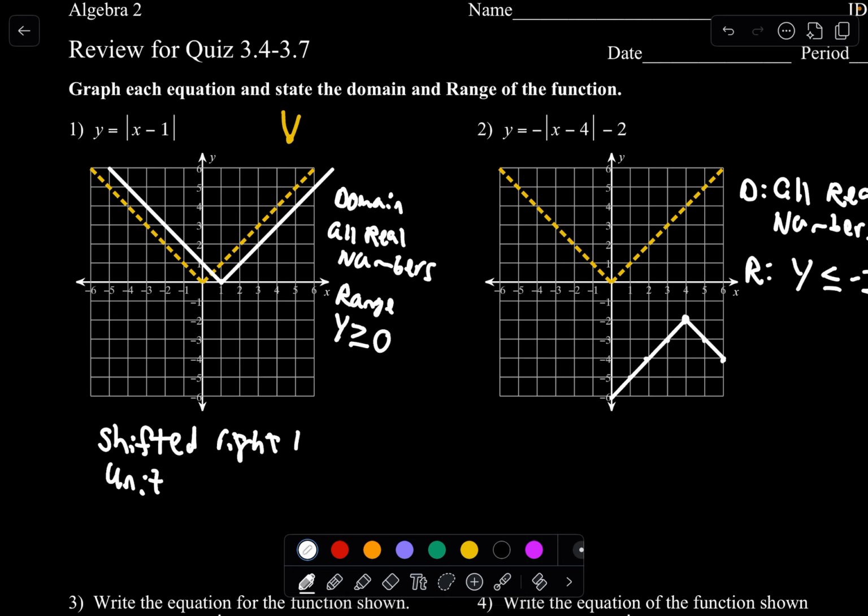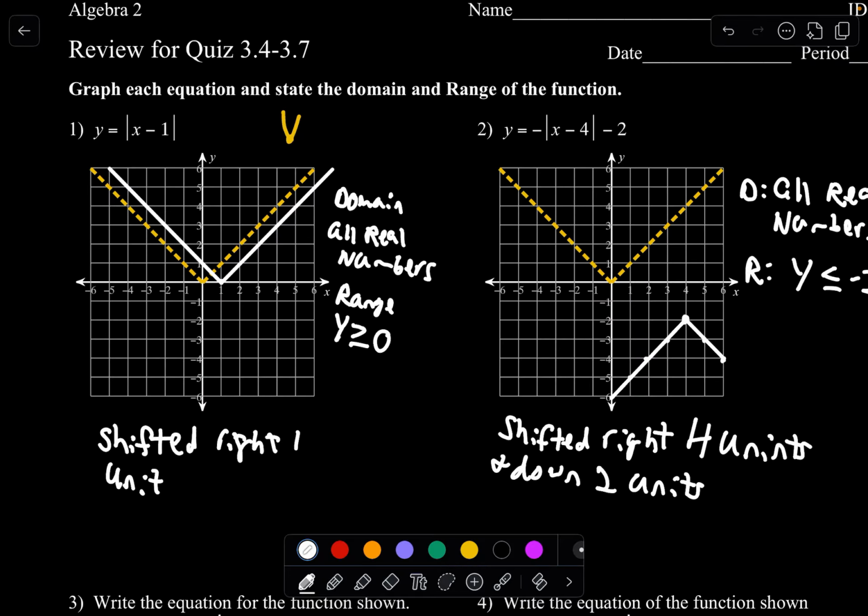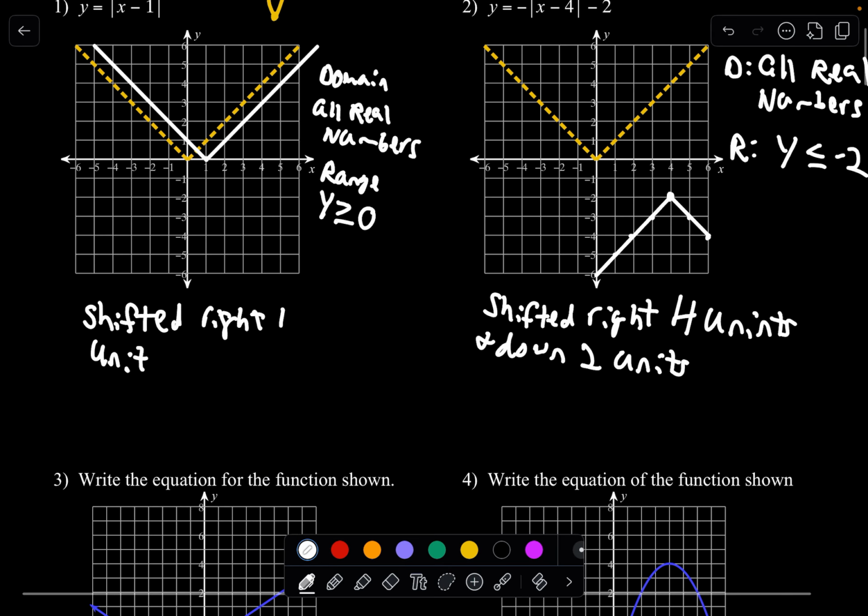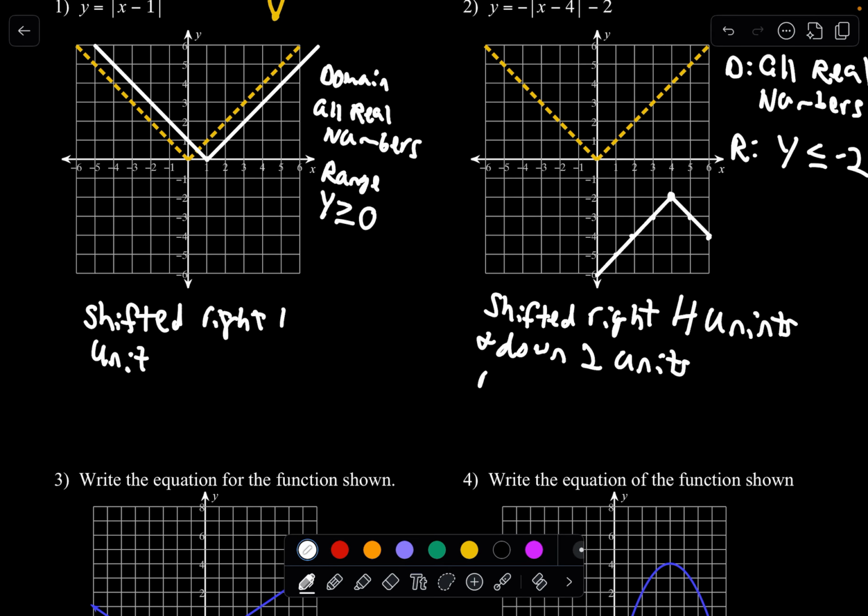Number 2 is shifted right 4 units, and down 2 units, and also it's reflected around the x-axis.